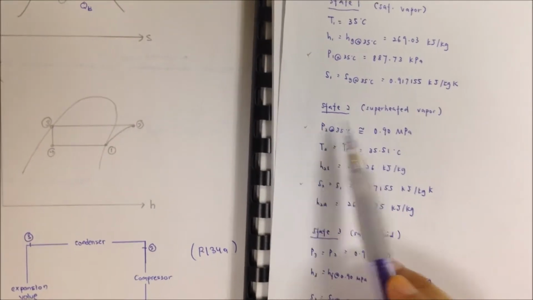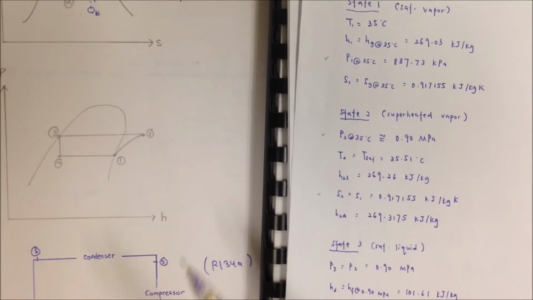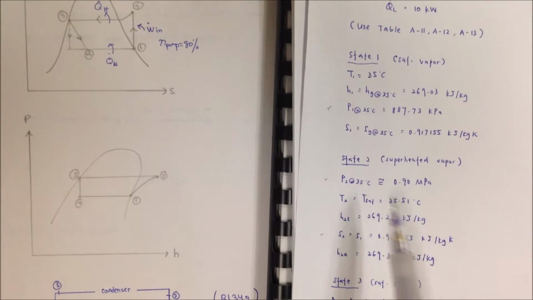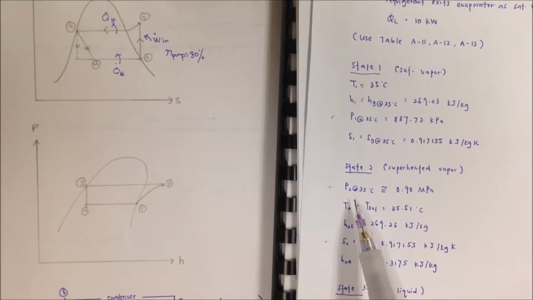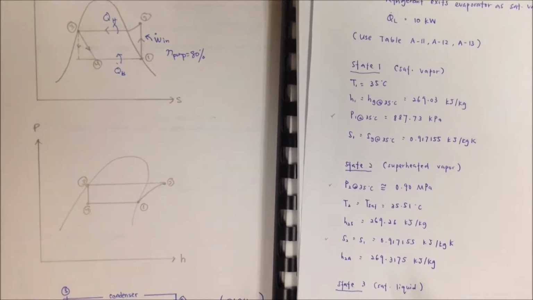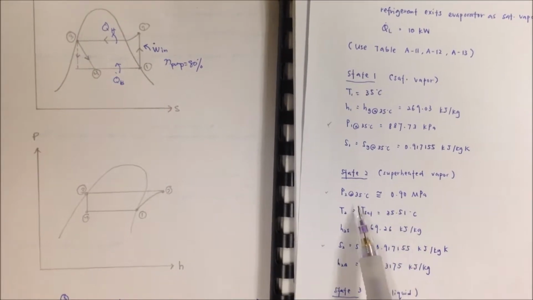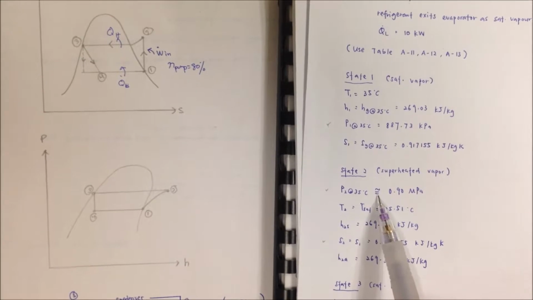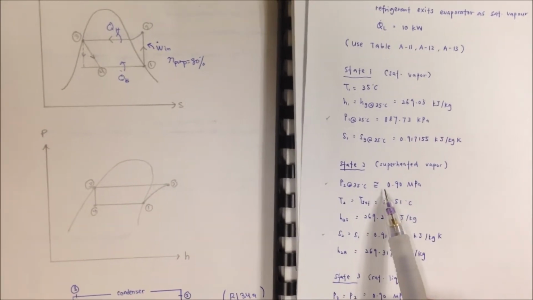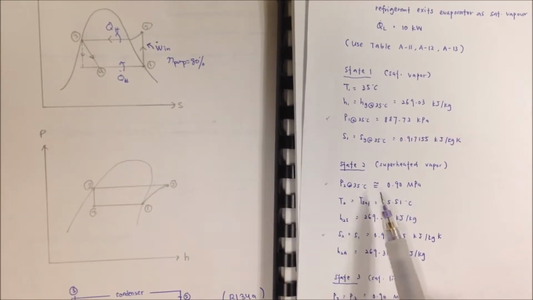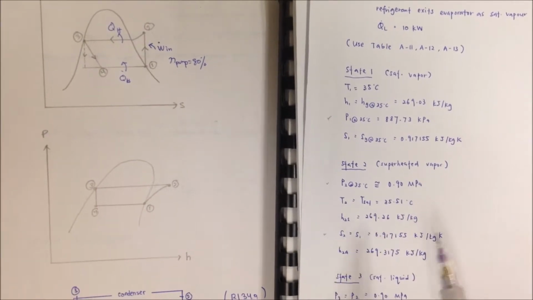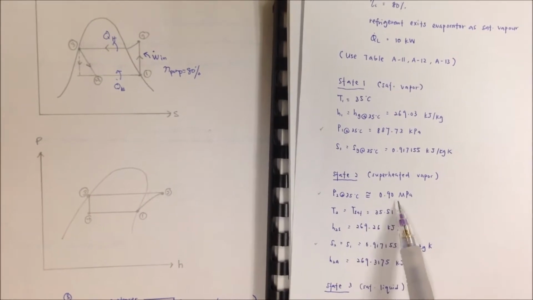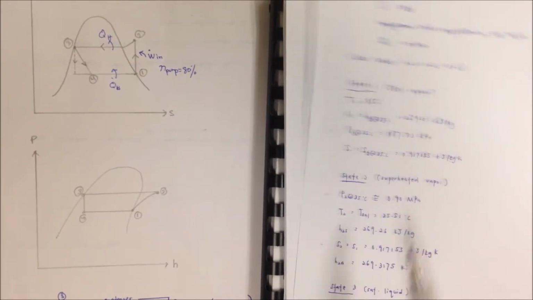At state 2, from the TS diagram, we obtain that state 2 is superheated vapor. Therefore, the pressure is a bit higher than P1. From the property table, we obtain that P2, higher than 35 degrees Celsius, equals 0.9 megapascal.